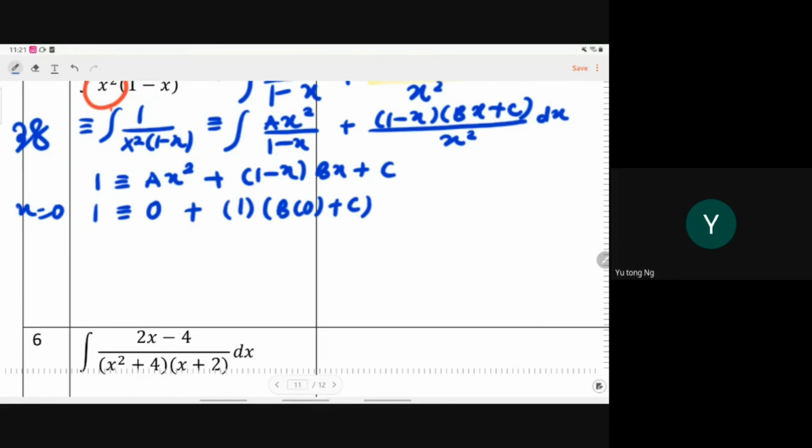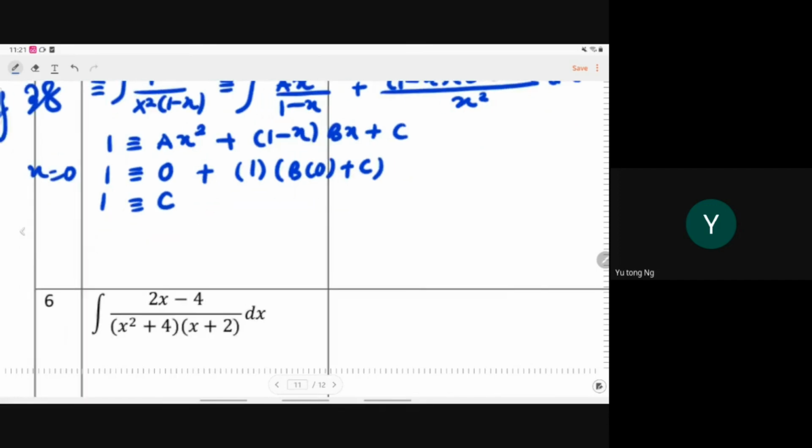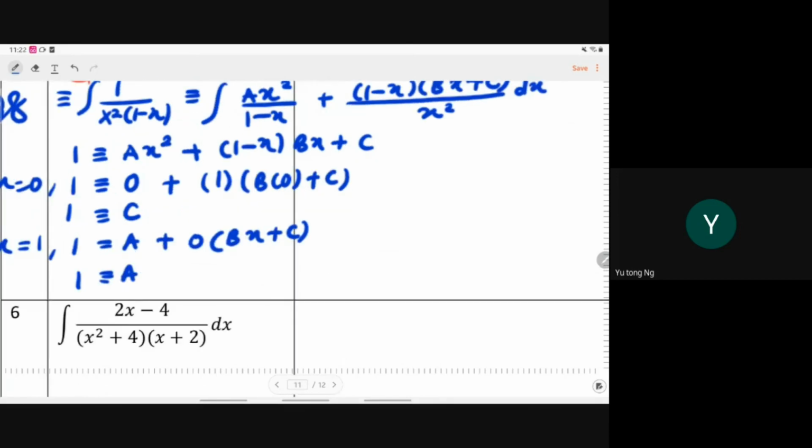Okay, so 1 equals to c. Then find your a dulu. When your x equals to 1, dia akan jadi 1 equals to a plus 0 times (bx plus c). So from here you get your 1 equals to a. Then you find your b from here.